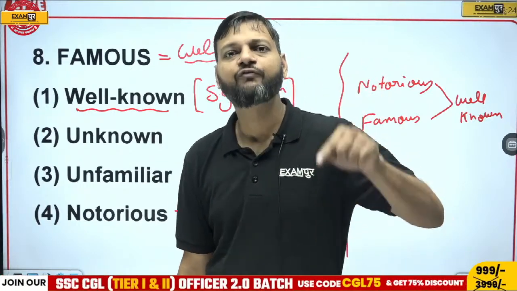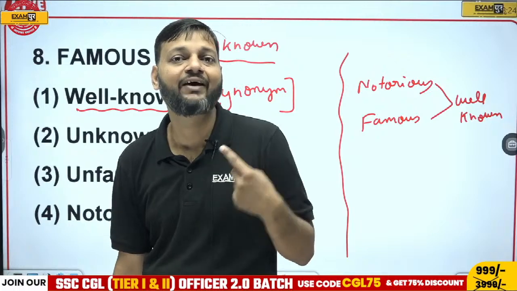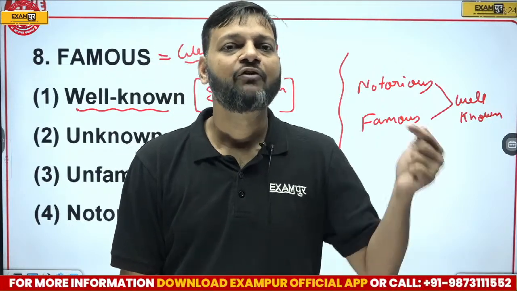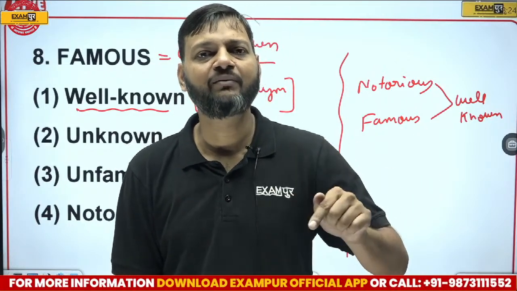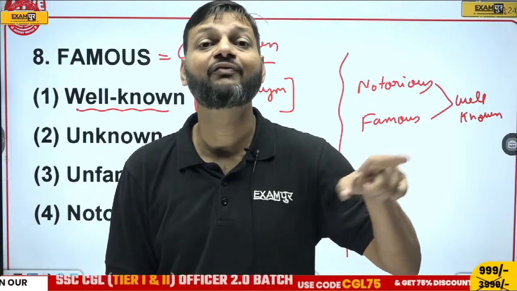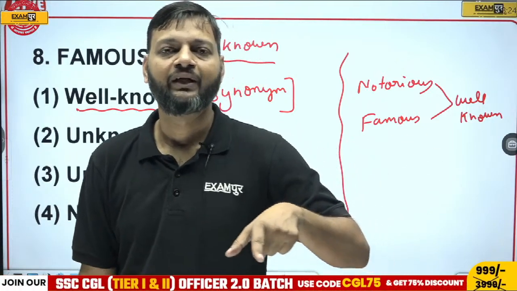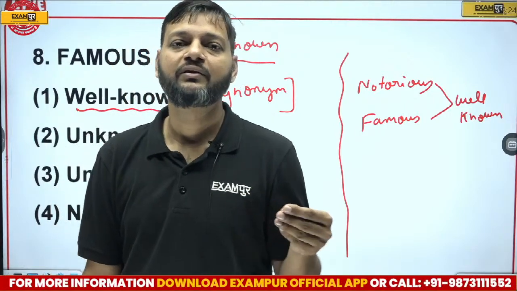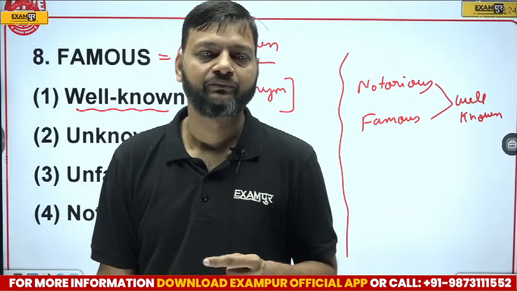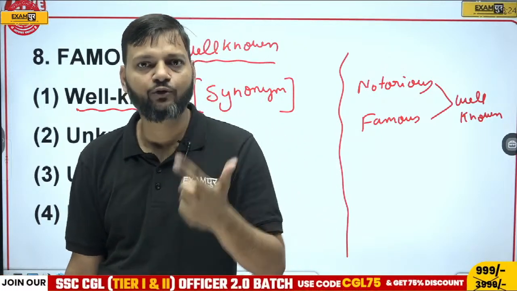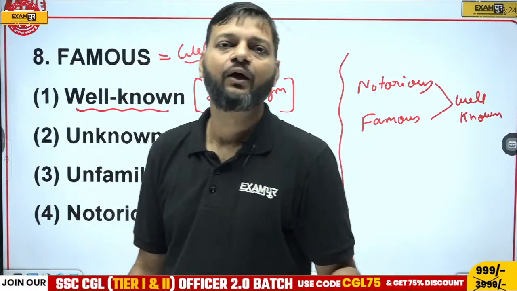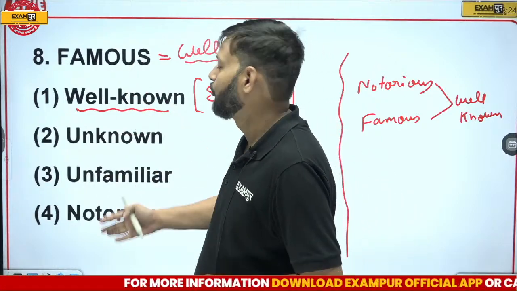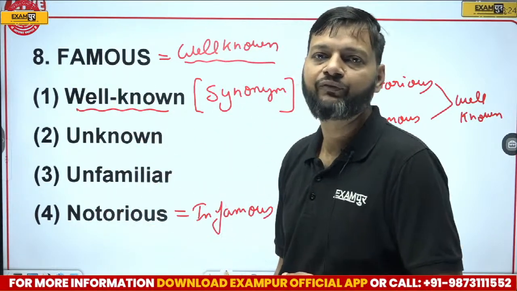So the only difference is, when someone is famous, it means he is well known for his good work. And when someone is notorious, it means he is well known for his bad work. So we cannot say that notorious is the antonym of famous.